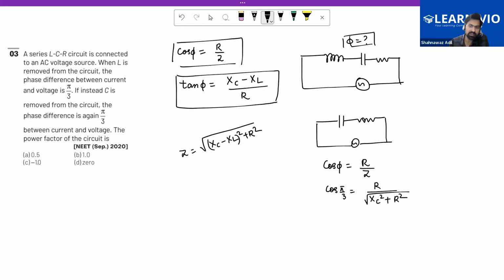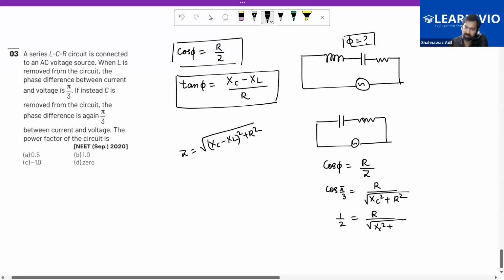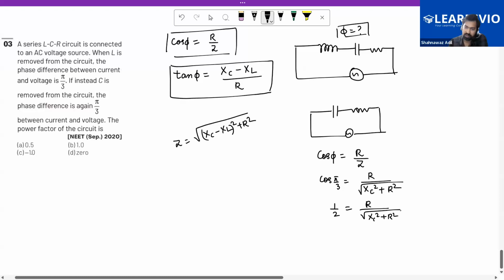Cos pi by 3 is 1 by 2, and since we have removed the inductor, this is R divided by the square root of XC squared plus R squared. If we take this to the other side, this becomes 2R.